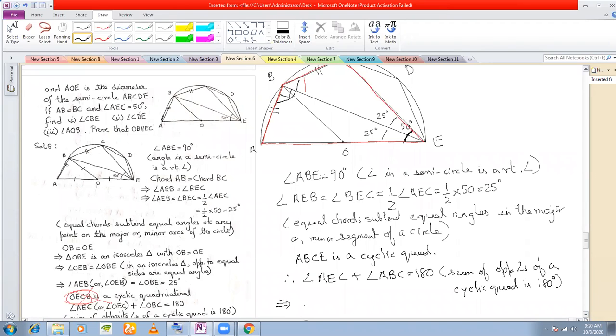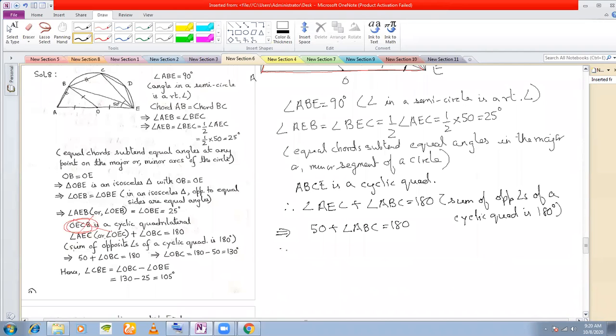So that means angle AEC is 50, angle ABC is equal to 180 minus 50. That means what is this angle that I've marked here, angle ABC? Angle ABC is 180 minus 50, which is 130 degrees.